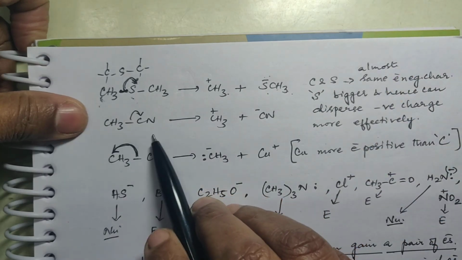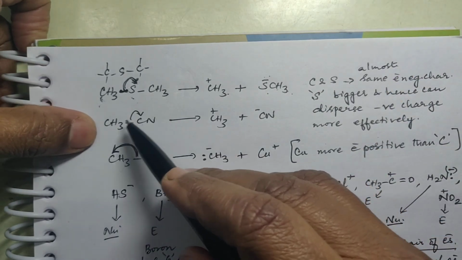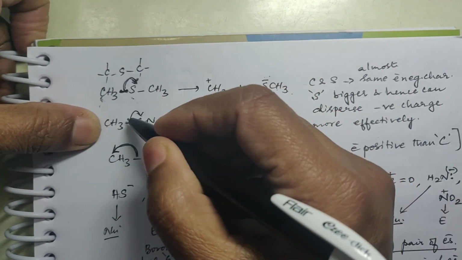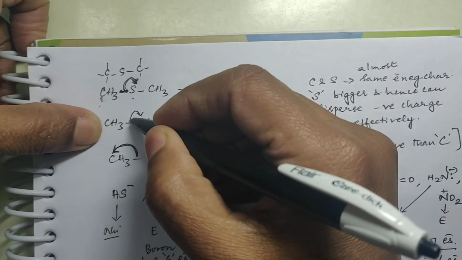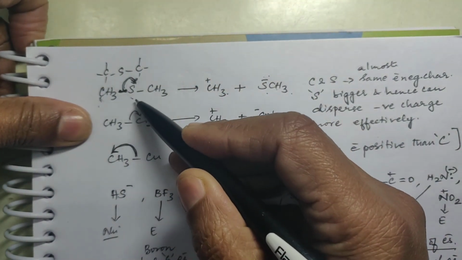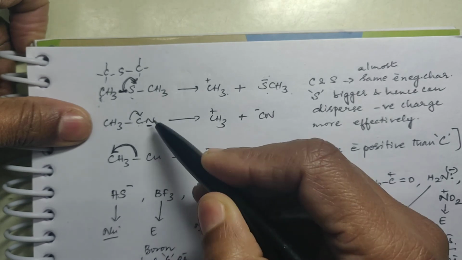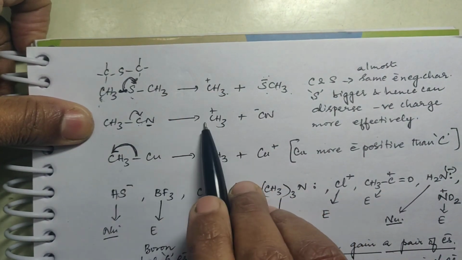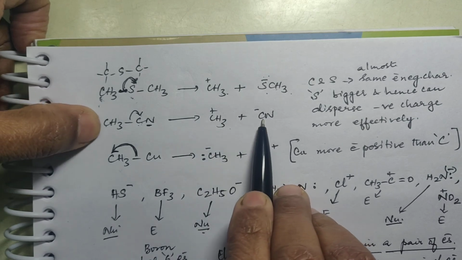Now if you consider this species, then again this is also C, this is also C. Now you may ask me why this is shifting here, why can't it shift there? That is because this is followed by an electronegative nitrogen. So the shift of the electron pair is towards carbon, which is holding on to a more electronegative atom. So you'll get CH3 positive and CN negative.